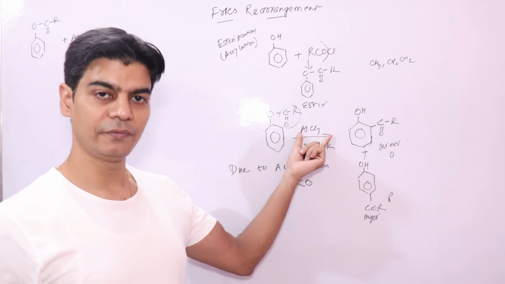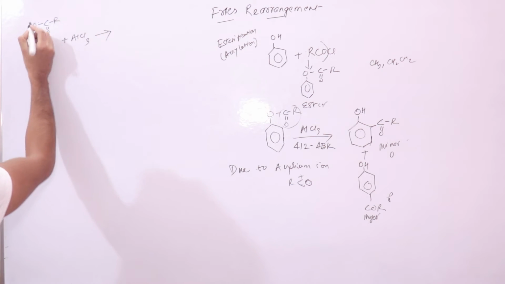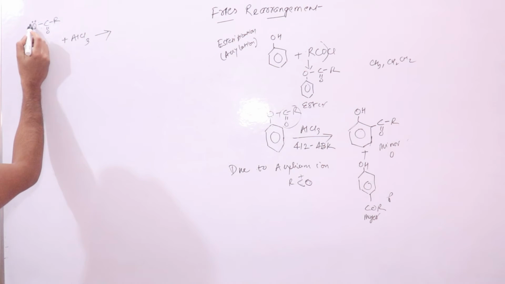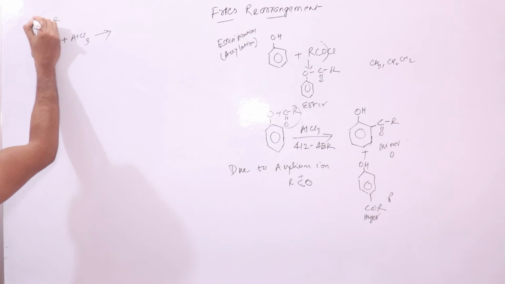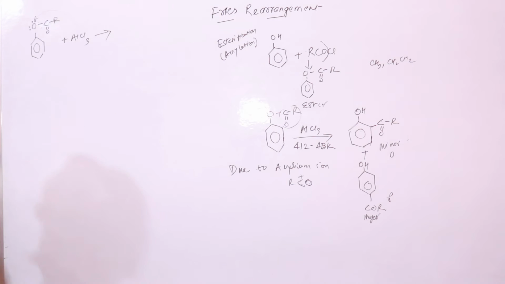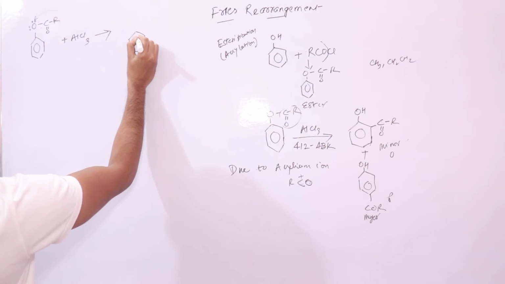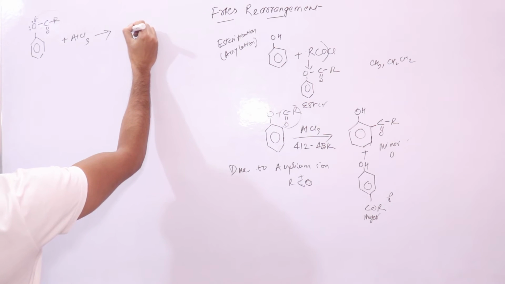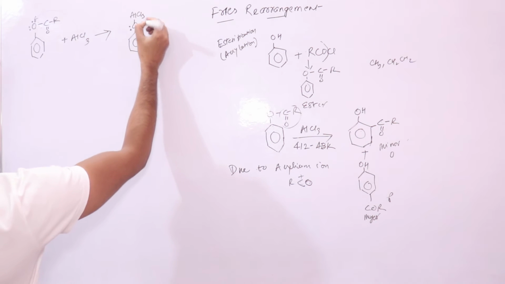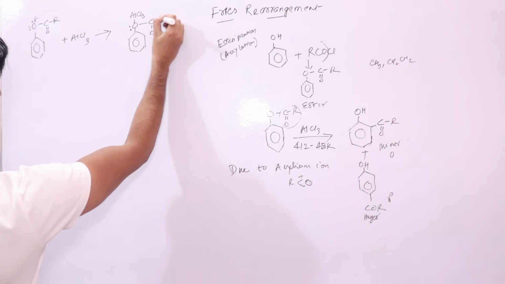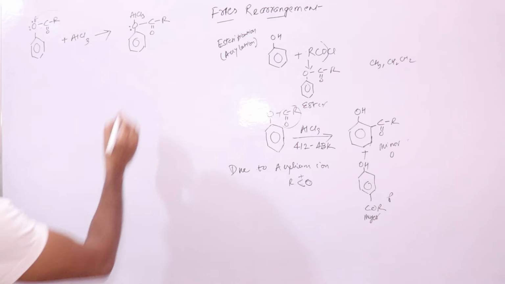We know that oxygen has two lone pairs of electrons, so the aluminium will associate through a lone pair with this oxygen atom, forming this complex compound, AlCl3, COR.